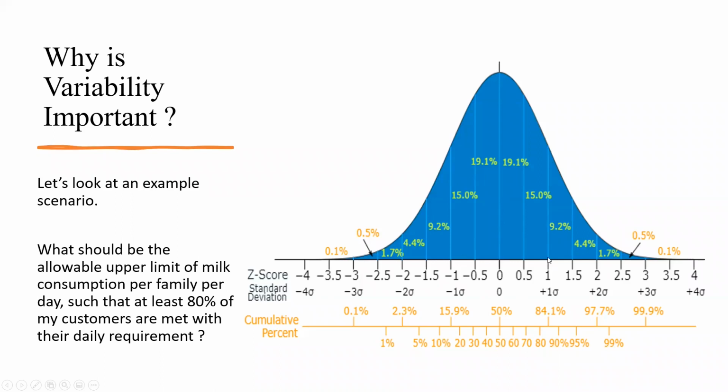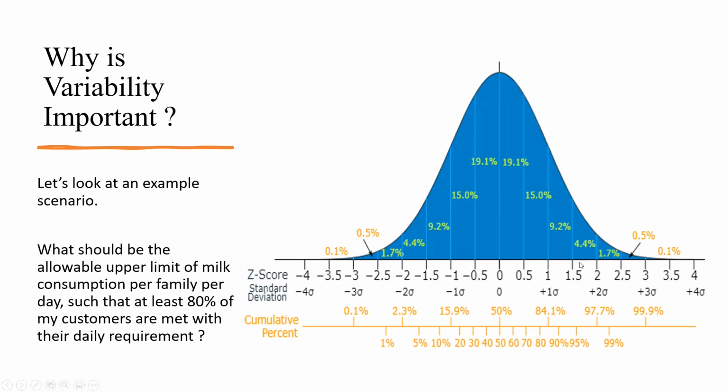At the +1 standard deviation mark, I will reach about 84% of my customers. But since my target is only 80%, I can go to something like 0.7 or 0.8 standard deviations. So how much should I set the value to?